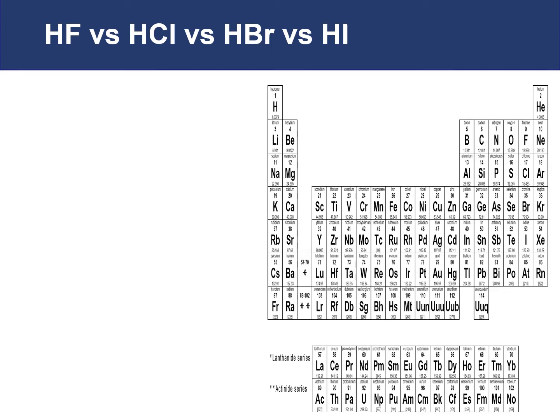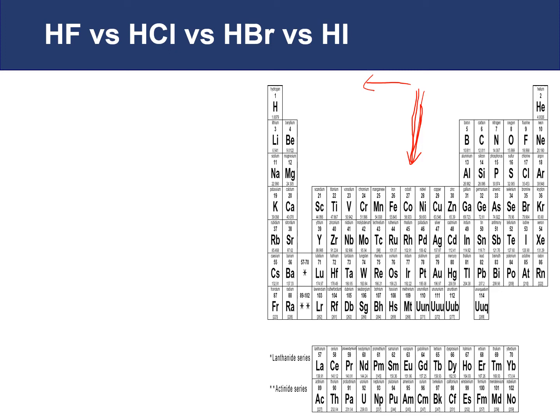In the case of HF versus HCl, the general trend is that atomic radius increases as you go down and increases as you go to the left. But the atomic radius increases far more going down between two rows versus going to the left. By that, I mean that the difference in atomic radius between fluorine and chlorine is significantly more than the difference between fluorine and oxygen.